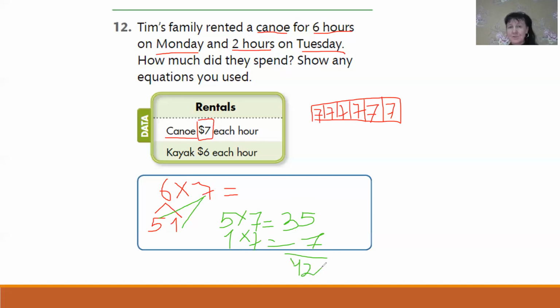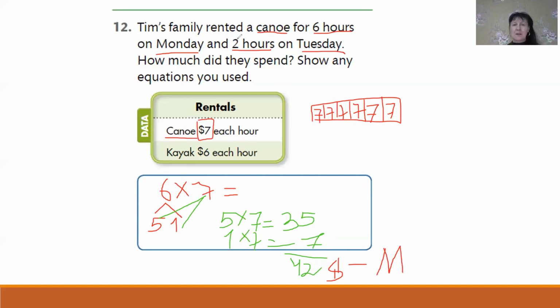And again, 42 what? 42 cats, 42 dogs, 42 ice creams? No, so you should know that this is $42. And what is this money about? It's about Monday. So you just write for yourself that this was spent on Monday.